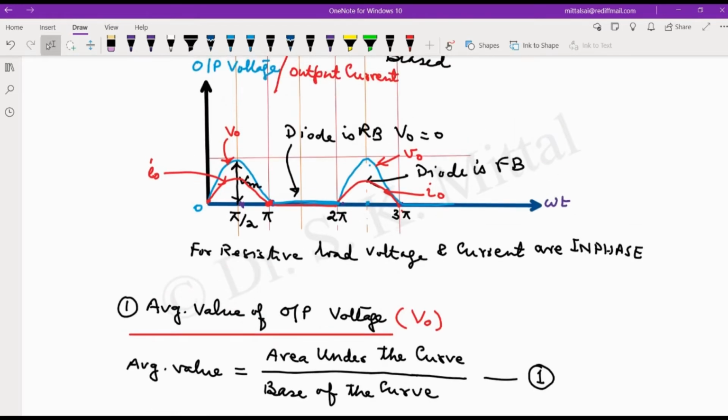From pi to 2 pi, output voltage is not obtained. Again, next output voltage is obtained from omega t equal to 2 pi. Earlier, output voltage started from omega t equal to 0. The other positive output voltage starts from omega t equal to 2 pi. Means the same pattern is obtained after the span of 2 pi.